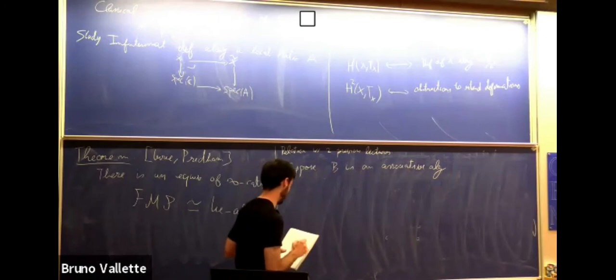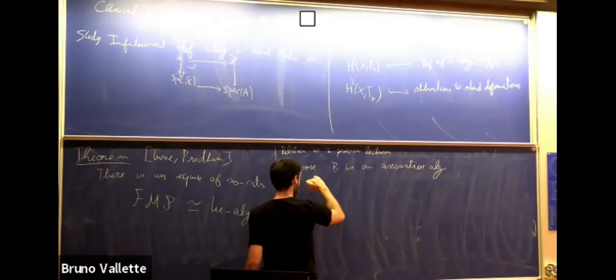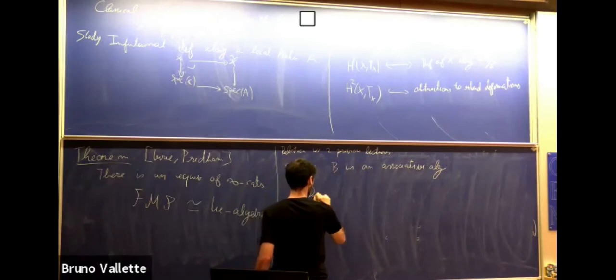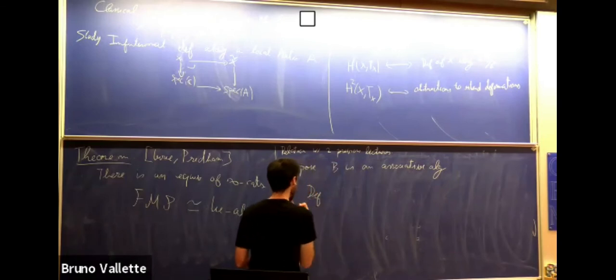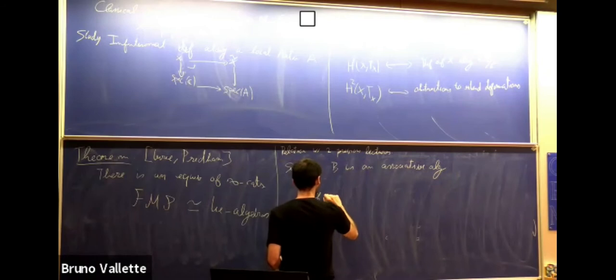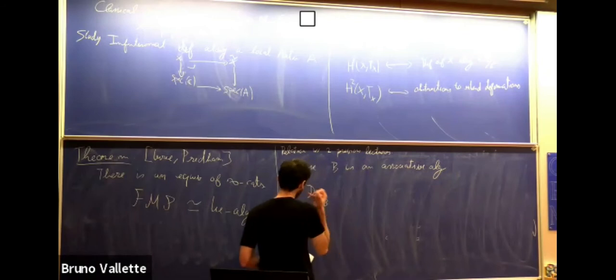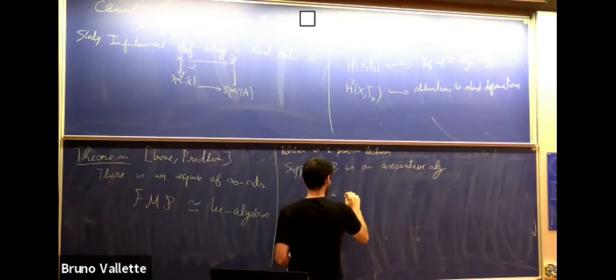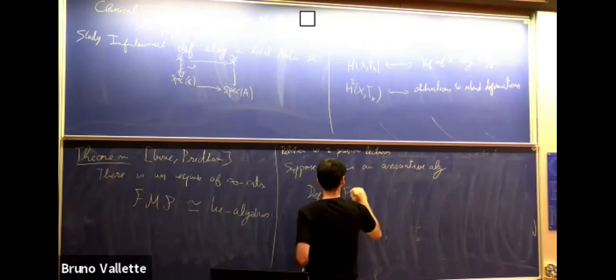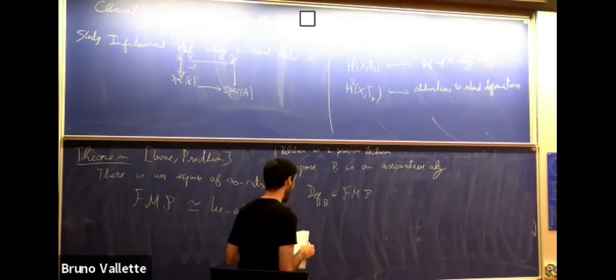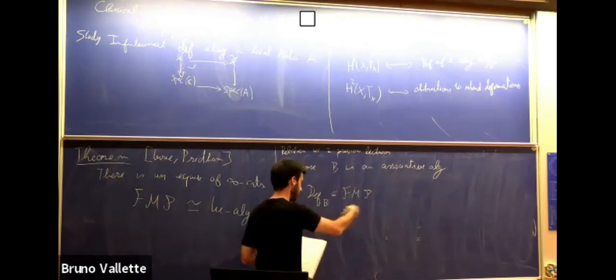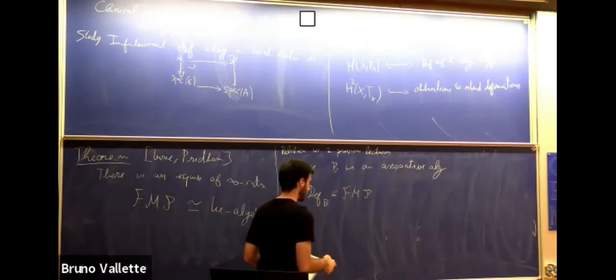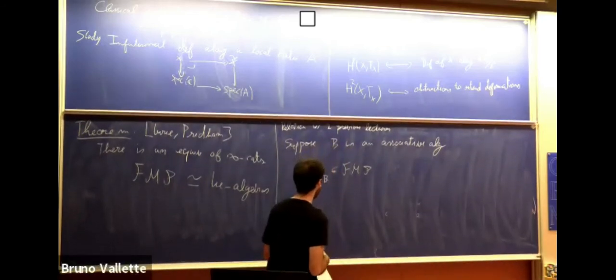And so I'll describe now a formal moduli problem associated to B. So I'll define the deformation of B, a formal moduli problem, which should be a functor from Artin algebras to spaces.